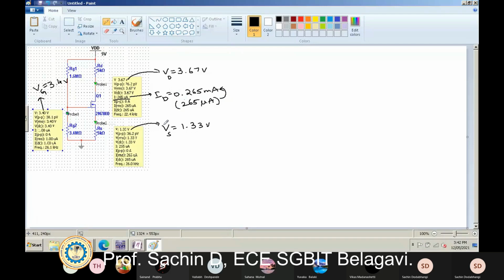Is it visible now? Yes, sir. Okay, now RG1, if it is not visible, I am writing it here: 1.6 mega ohm, and this RG2 is 3.4 mega ohm, and this is 5 kilo ohm, and this is also 5 kilo ohm, RD and RS.